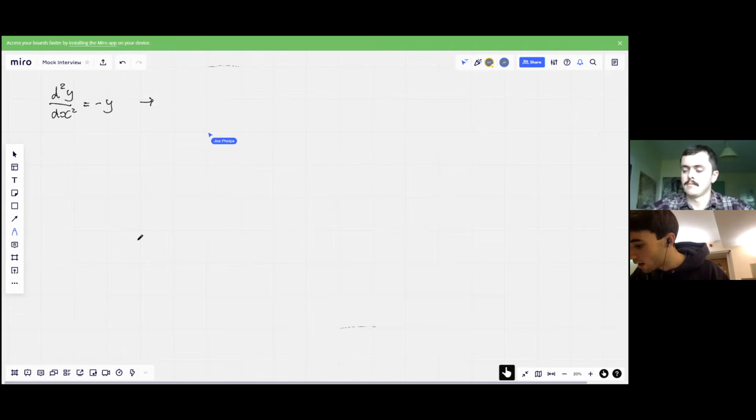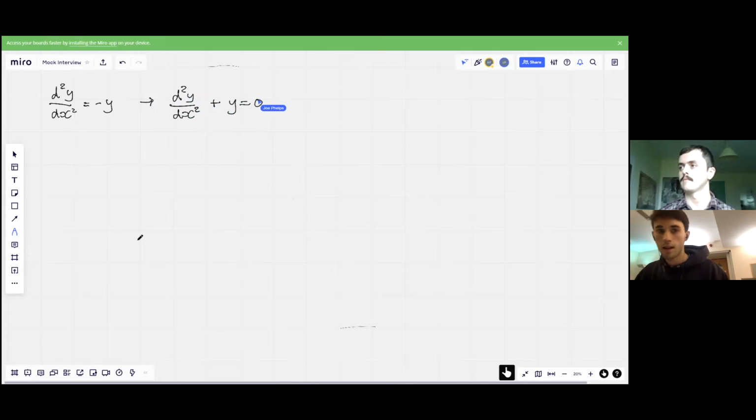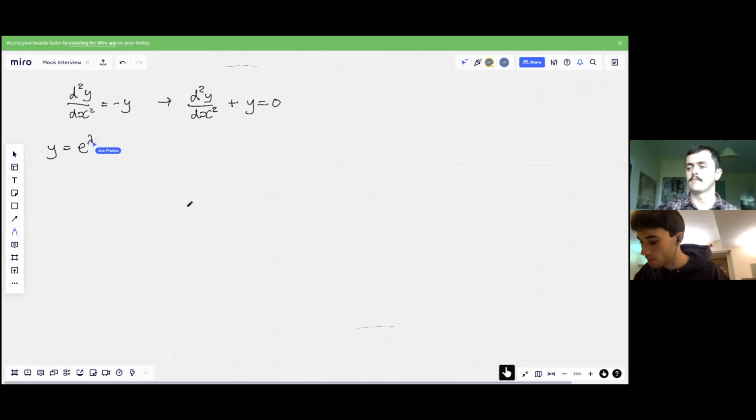If I write this with all y terms on one side, what I can do is use a trial solution of an exponential form, something like this. Then I can substitute this into the differential equation and find what lambda would have to be in this case.